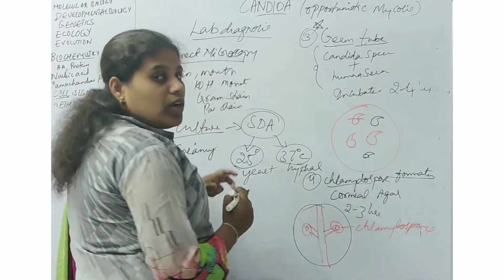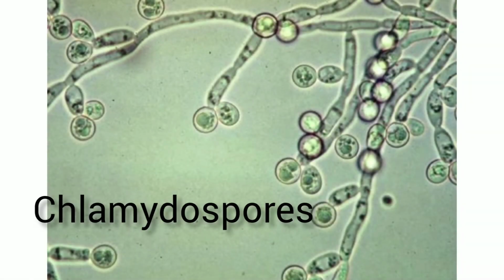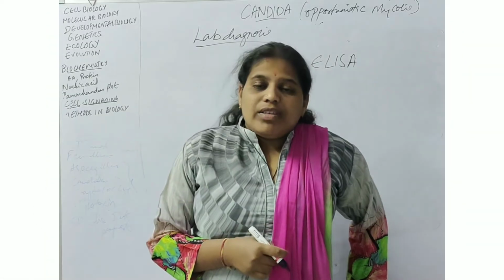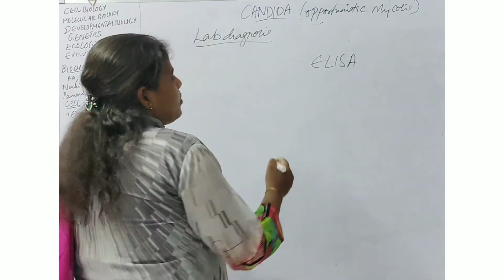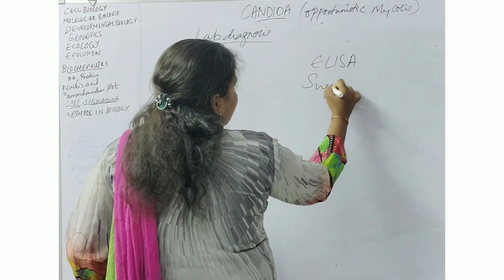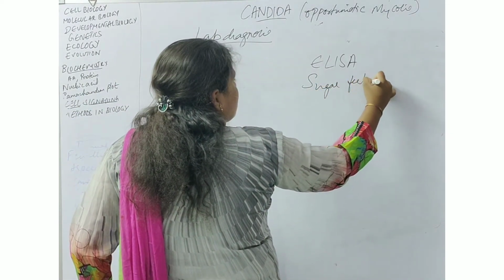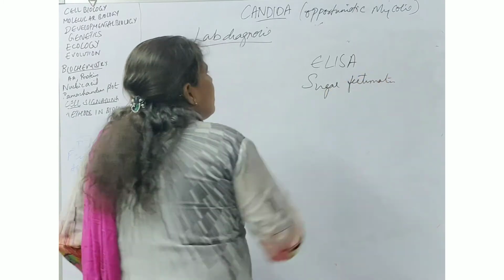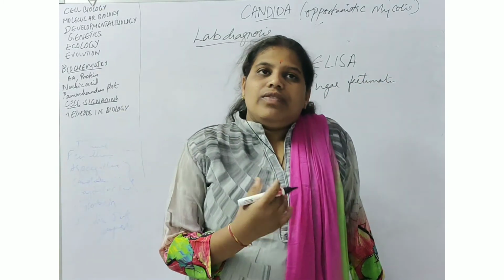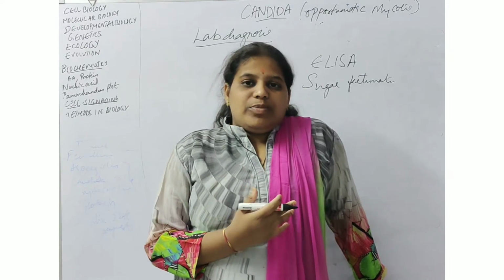These are the thick-walled chlamydospores. In biochemical reactions, we can also do sugar fermentation. These are some tests with which we can identify the Candida species.